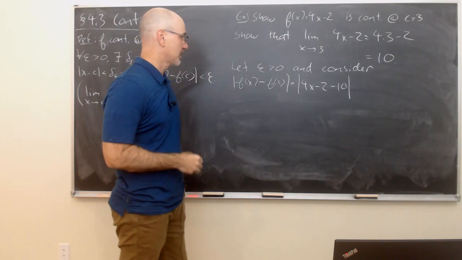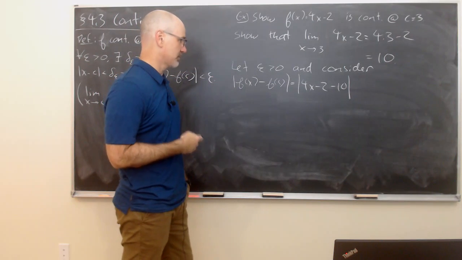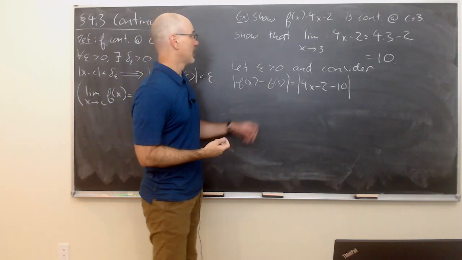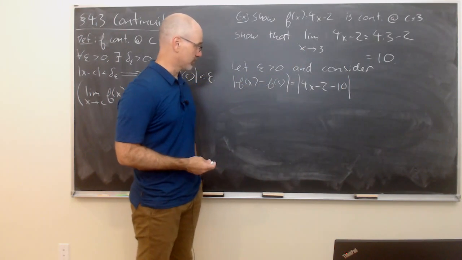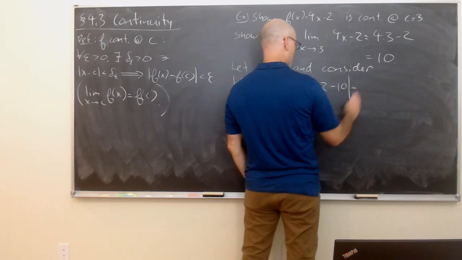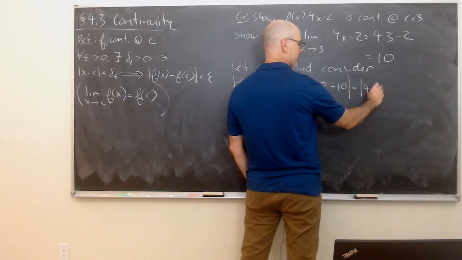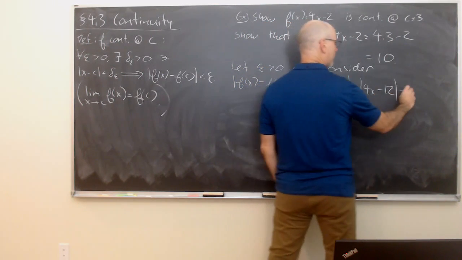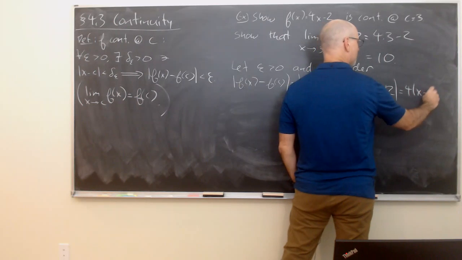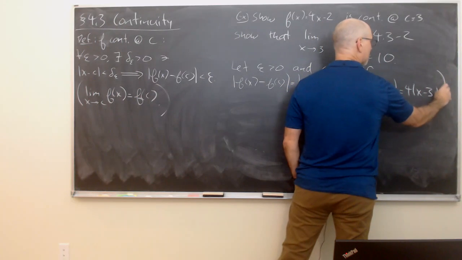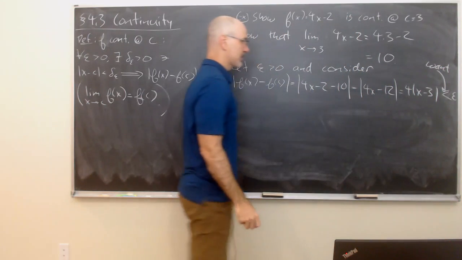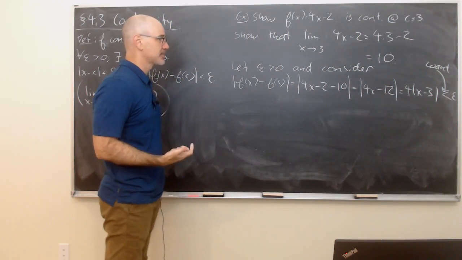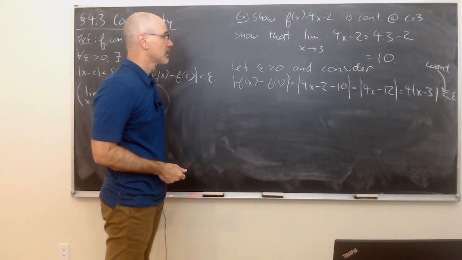The hint that we're on the right track is if in doing our algebra we get x minus 3 to appear, because that's the thing we have control over. Well, I think that's going to happen because I get 4x minus 12, and so what I'm trying to arrange is for 4 times the absolute value of x minus 3 to be less than epsilon.